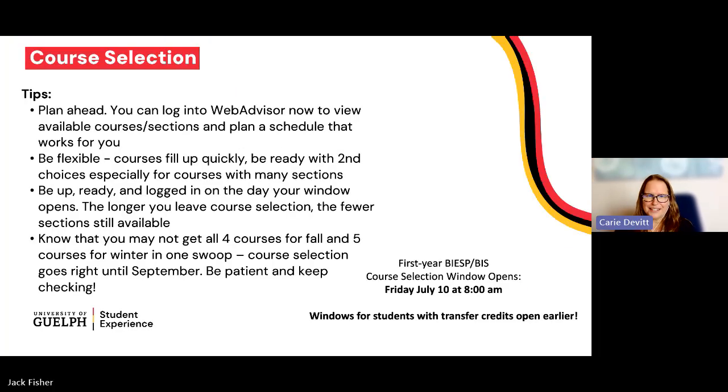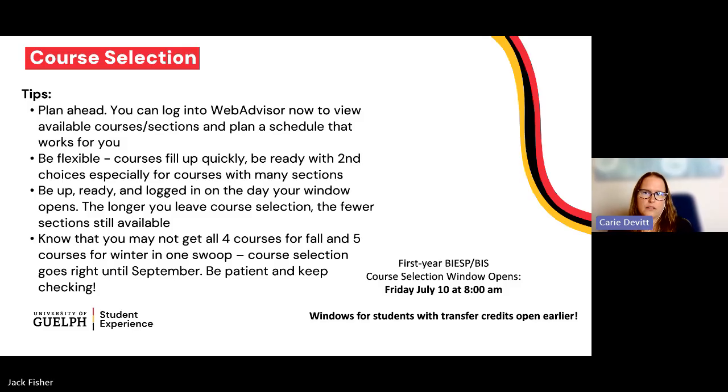Course selection. Getting right into it here, I just want to let you know a little bit about how course selection at the University of Guelph works. We use a platform called WebAdvisor for multiple things at the university, one of which is course selection. Once you get access to WebAdvisor, you can have a look around. You can plan your courses now.